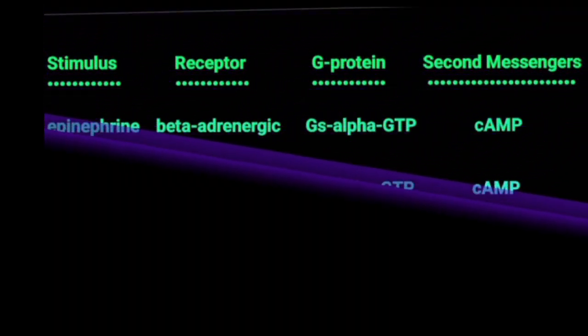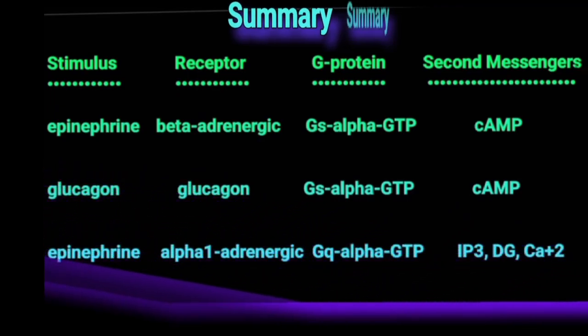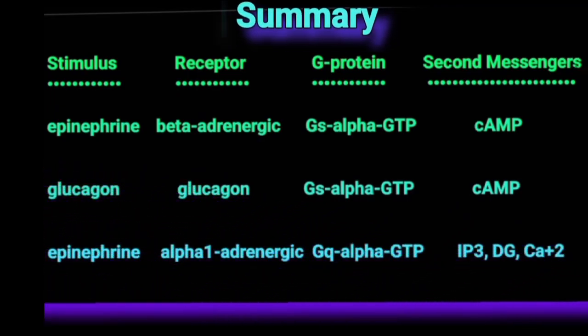Activation of the beta-1 adrenergic receptor by epinephrine or norepinephrine activates GS-alpha, which activates adenylate cyclase and produces cyclic AMP as a second messenger. Activation of the glucagon receptor by glucagon activates GS-alpha and activates adenylate cyclase to produce cyclic AMP as a second messenger.